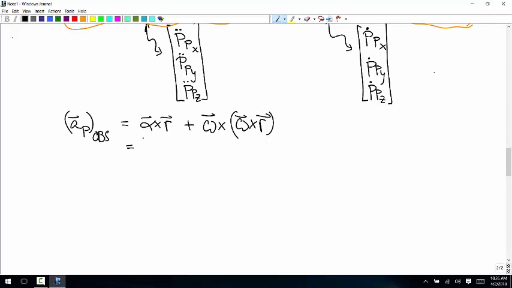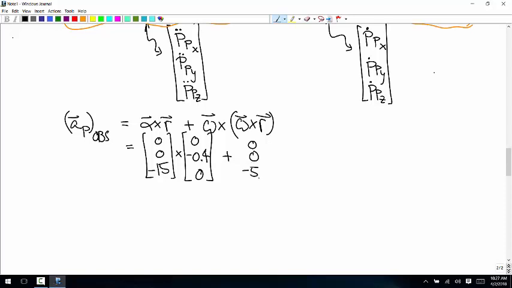What's alpha? 0, 0, negative 15, that's right. R we had to figure out for the observed velocity before, so that's 0, negative 0.4, 0. Omega, the lowercase omega, is 0, 0, negative 5, crossed with the quantity 0, 0, negative 5 cross 0, negative 0.4, 0.